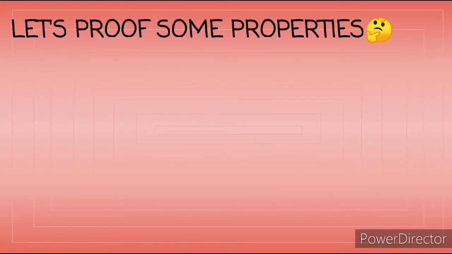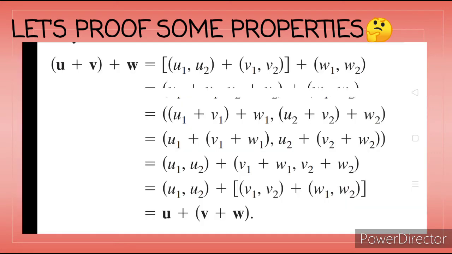Let's prove some properties. The proof of each property is a straightforward application of the definition of vector addition and scalar multiplication combined with the corresponding properties of addition and multiplication of real numbers. For instance, to prove the associative property of vector addition, you can write (u + v) + w = ((u1, u2) + (v1, v2)) + (w1, w2).